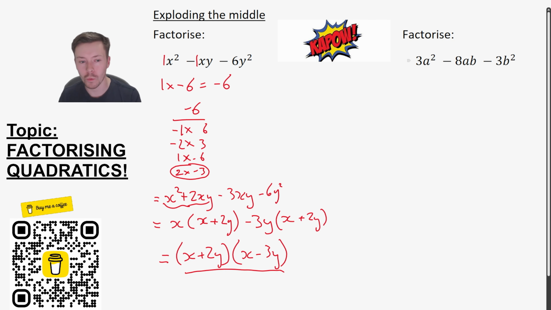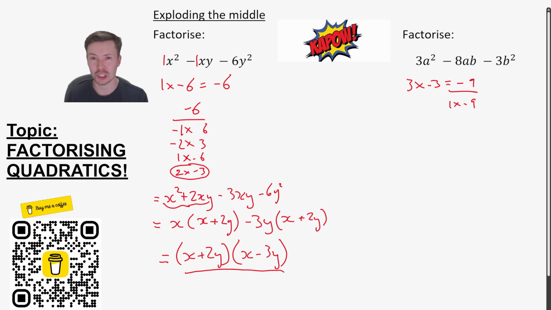Now we've got coefficients in front of the first term and the last term, but the same process applies. 3 times negative 3 gives negative 9, and so that's what we want to do our factor pairs of. So 1 times negative 9, actually, I found the right factor pair there on the first go, because 1 subtract 9 gives me negative 8. Just for the sake of it, I'm going to finish filling in these factor pairs.